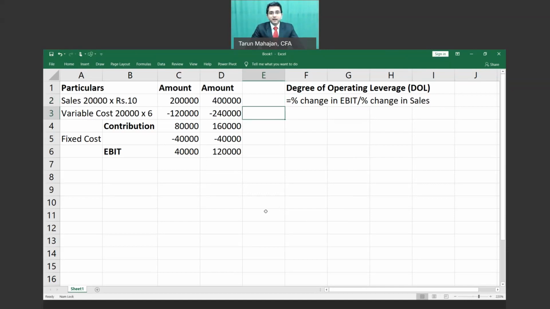And EBIT increased by 200%. There is increase of 80,000 rupees on the base of 40,000 rupees. That is 200%. So this is 200 divided by 100, and that is actually 2 times.